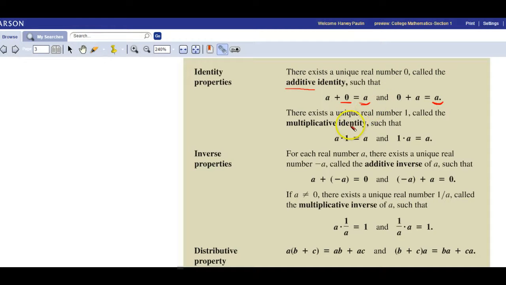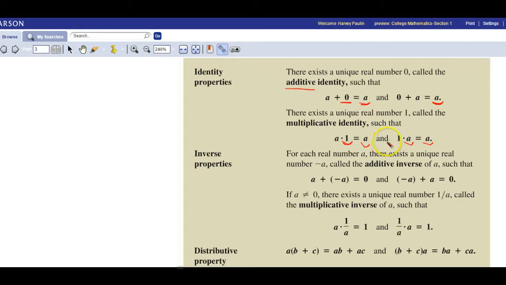Now, we also have this in multiplication, that if we take 1, we can multiply anything by 1, and it doesn't change its value. We're going to use that a lot when we do fractions and getting equivalent fractions. We're going to multiply those fractions by a 1, and it's not going to change its value.